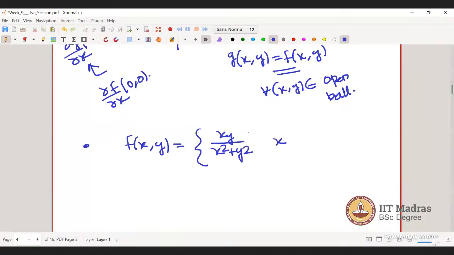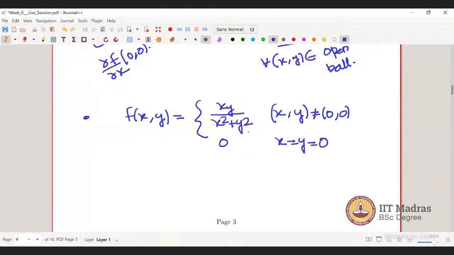Just a minute, let me state his question first. This is the given function, and it's 0 otherwise. What he was trying to say is whether I can do it this way: take the partial derivative with respect to x of this part, then evaluate that function at the point 0, 0.